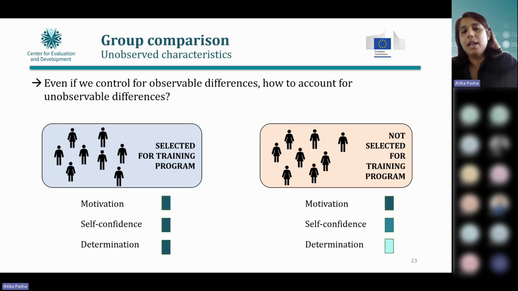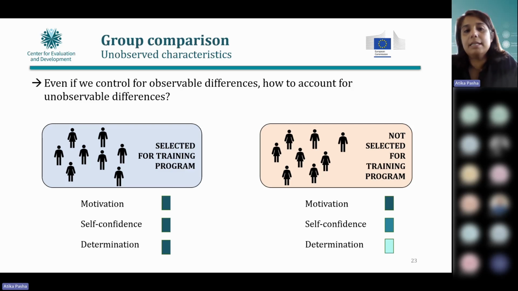But there is another factor that I also previously mentioned that we cannot account for. So even if we are able to control for these observable differences between the two participants, there's still the difference that comes from unobservable characteristics. So while both might be equally motivated, we cannot be certain that they're both having the same level of confidence or the same level of determination.